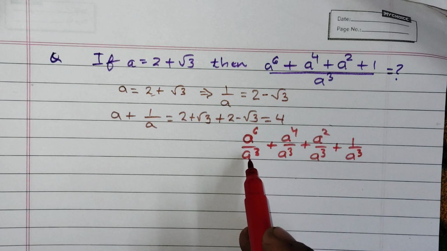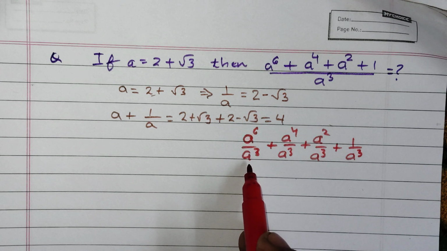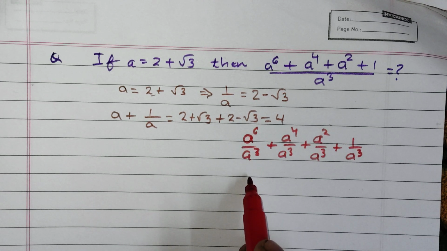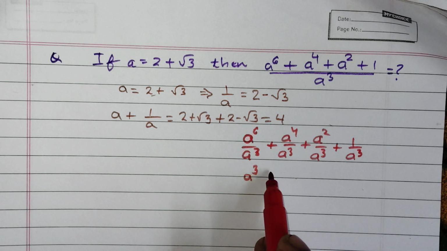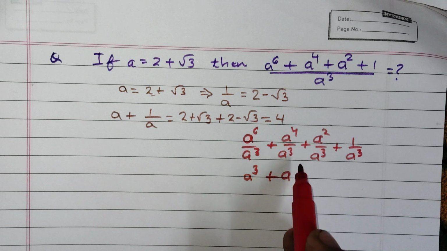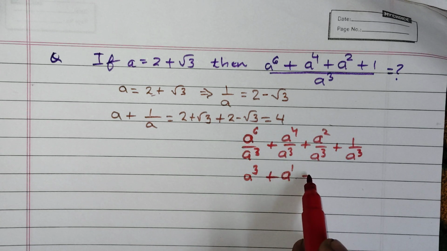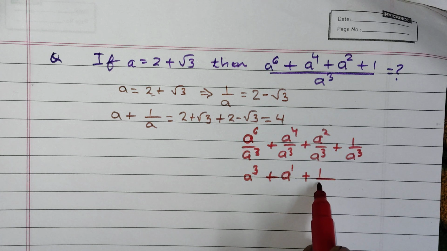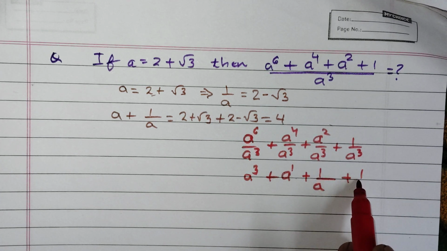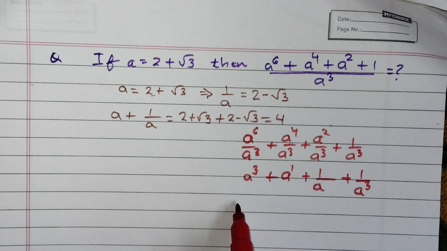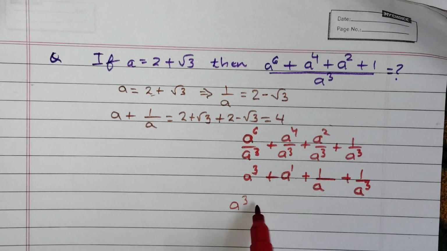According to the exponential law, a raised power m upon a raised power n can be written as a raised power m minus n. So it becomes a raised power 6 minus 3, which means a cube. Similarly, a raised power 4 upon a cube becomes a raised power 4 minus 3, that means a. Similarly, a square upon a cube becomes 1 upon a. After writing, we see a cube plus 1 upon a cube.